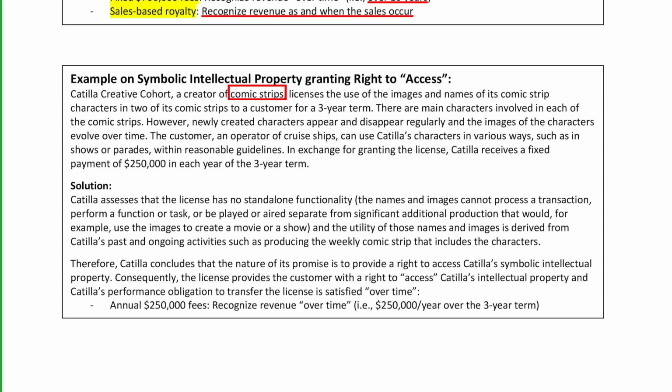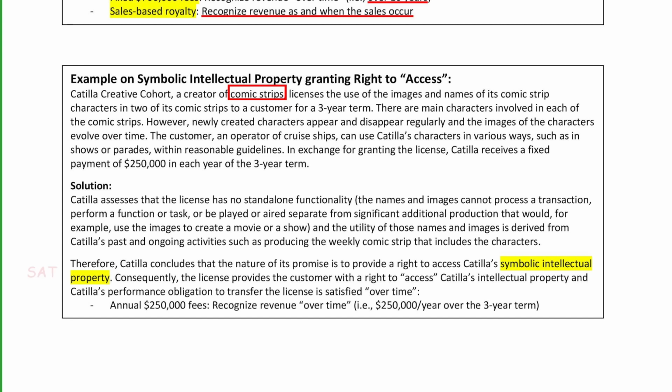And the utility of those names and images is derived from Catala's past and ongoing activities, such as producing the weekly comic strip that includes the characters. Therefore, Catala concludes that these comic strips are symbolic intellectual property.